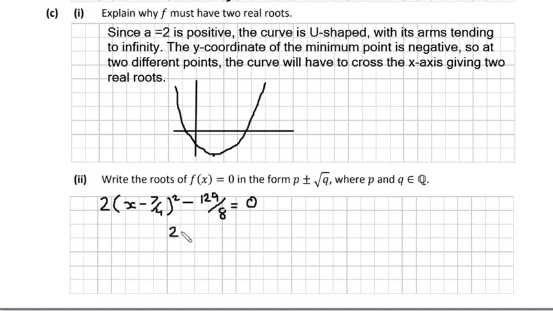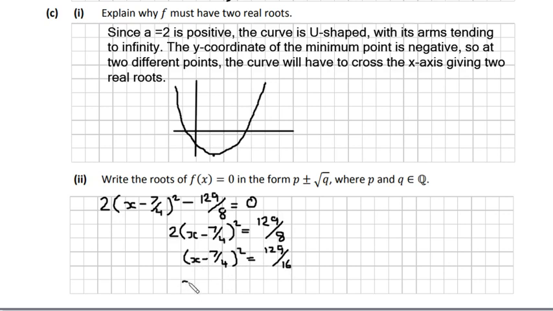Then you're left with 2 by x minus 7/4, all squared, is equal to plus 129/8. You then want to divide both sides by 2. So x minus 7/4, all squared, is equal to 129/16.